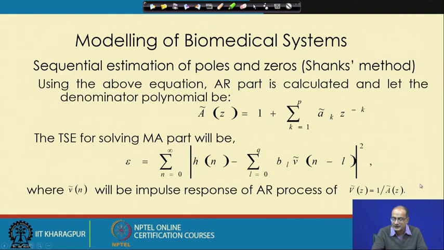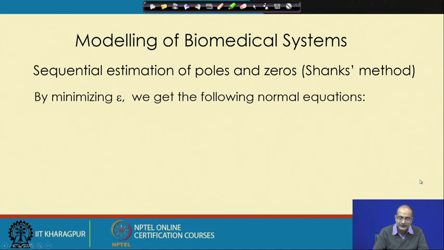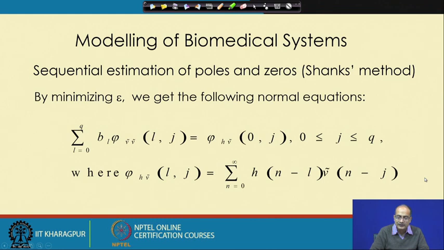So, using the polynomial A tilde z we can compute the value of v tilde n, and by minimizing eta we get a set of linear equations, with the help of which we can compute the value of bl.